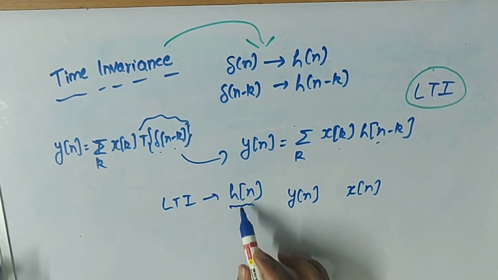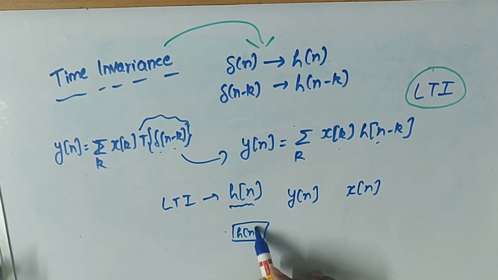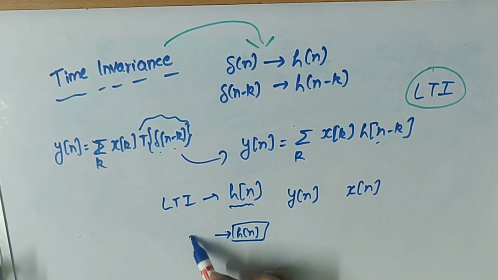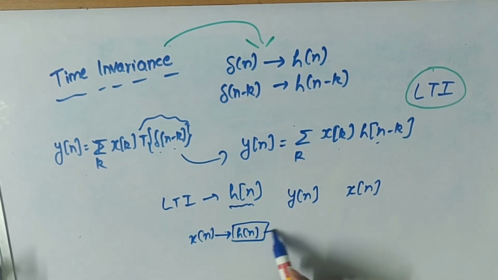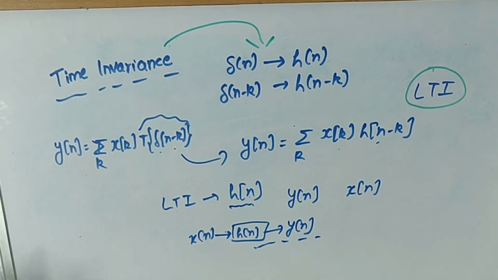So for an LTI system, if we only know h[n], which is the impulse response, and an input x[n] is given, we can compute y[n]. No other information is needed.